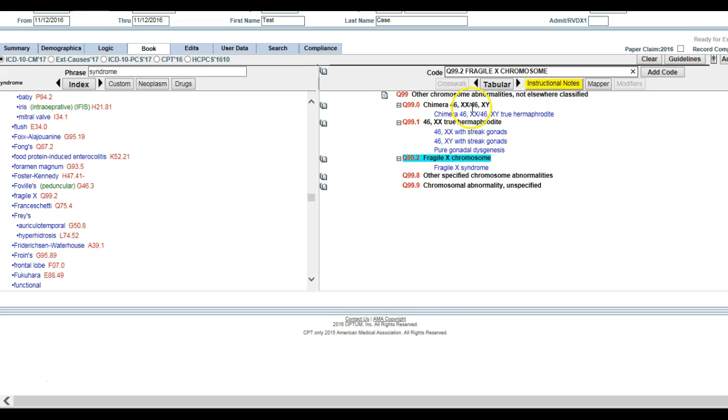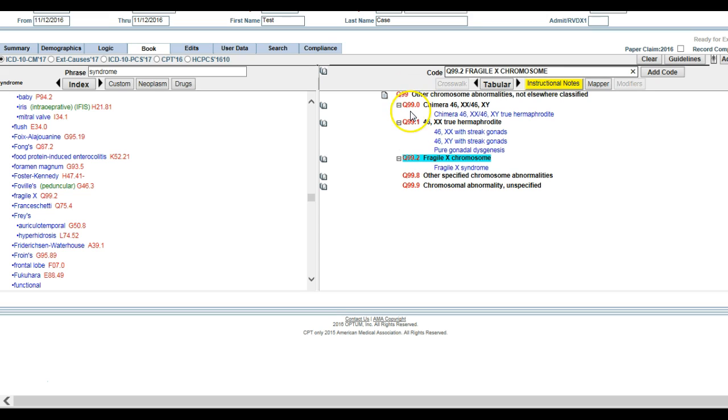You can have a chimera, which is Q99.0, and if you really want to know what these particular diseases are that you're coding, so that you can get more familiar with what's going on and further into the treatments that they do for them, you can always research, because as coders, we are excellent researchers.